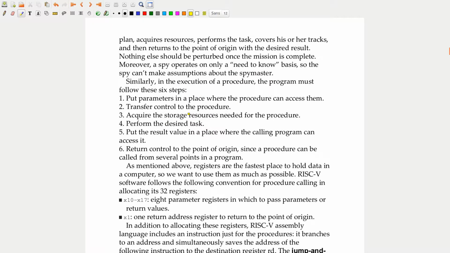Programs follow 6 steps during the execution of a procedure. The first thing is we have to put parameters in a place where the procedure can access them. Then we have to hand off control to the procedure or function. Then we have to acquire the storage resources needed for the procedure, meaning any memory we need.